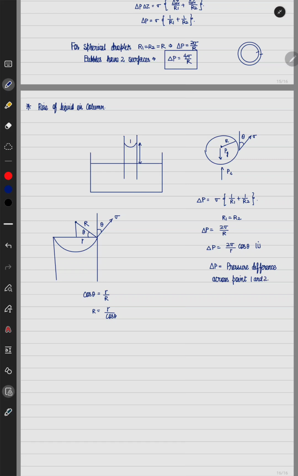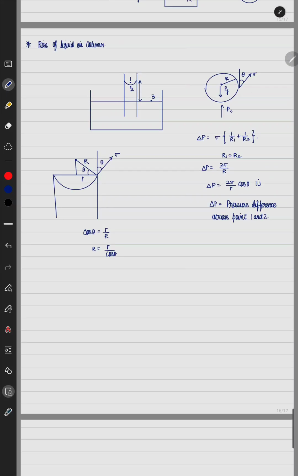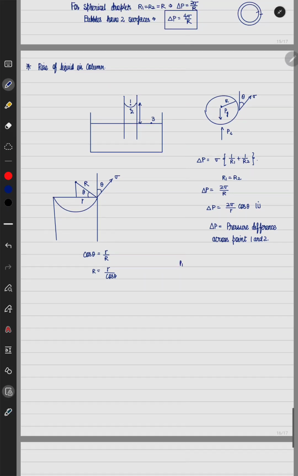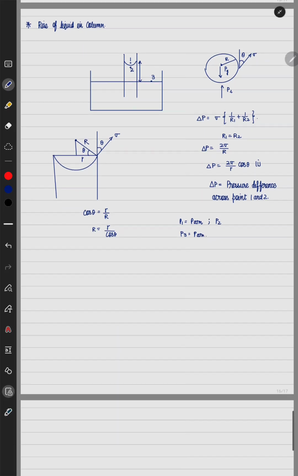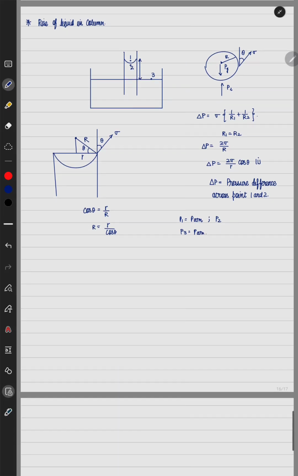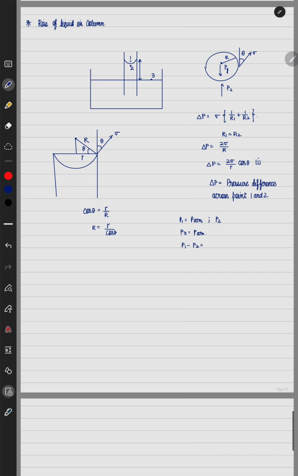Suppose this is point 1, this is point 2, and suppose this is point 3. What is the difference of pressure between point 1 and point 2? Pressure at point 1 is P atm, and suppose pressure at point 2 is P2. Pressure at point 3 is also equal to P atm, as it is also exposed to the atmosphere. So P1 minus P2 becomes equal to P3 minus P2.